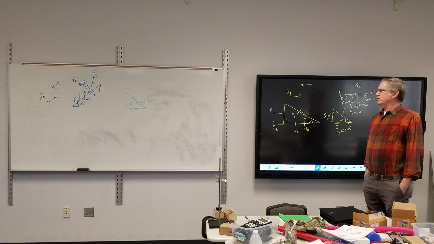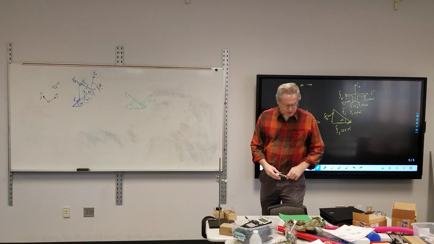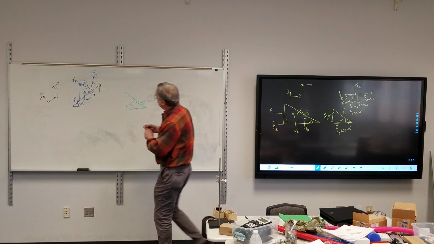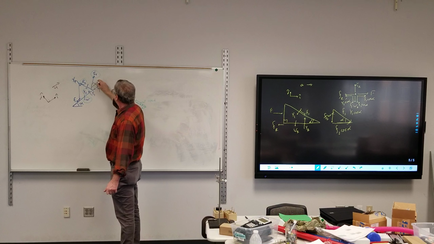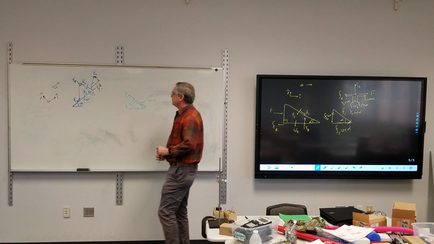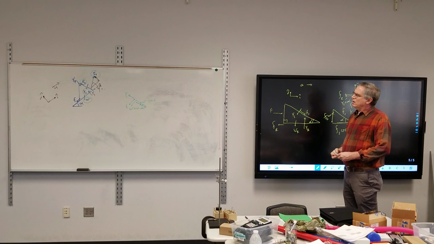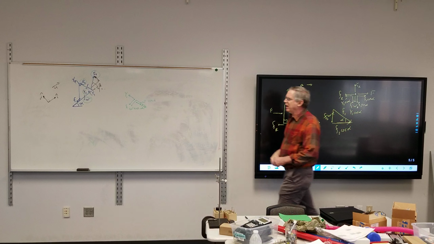So I have to figure out how much of FT is in the direction of the acceleration and how much is perpendicular to that, or whichever one you want to break up. So the big question is, what is that small angle there?